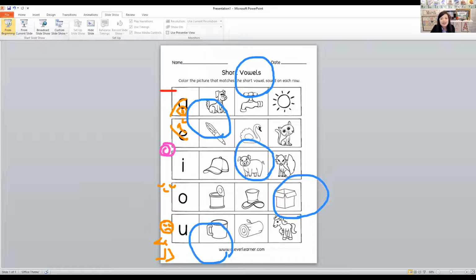Cup. Now this one, a lot of students say unicorn, but I don't see a horn, but we can add a horn. You will circle it now because U is for unicorn. That's the long U sound. You can say U as in cup.